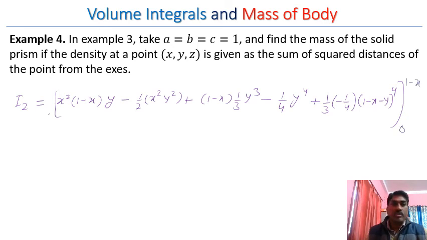So now you just need to put the upper and lower limits. At the lower limit, this will become 0, this will become 0, this will become 0, this will become 0, but this term will not become 0.